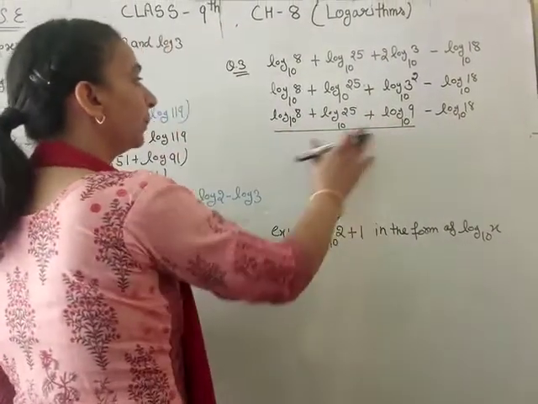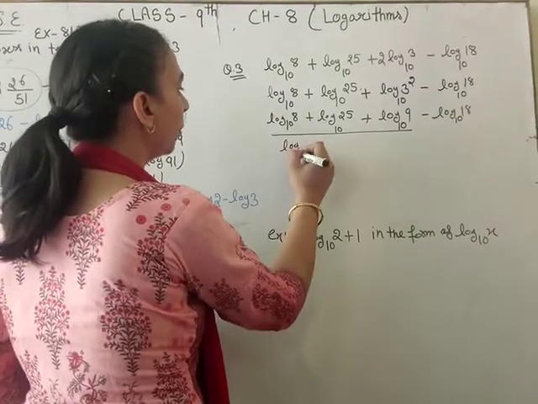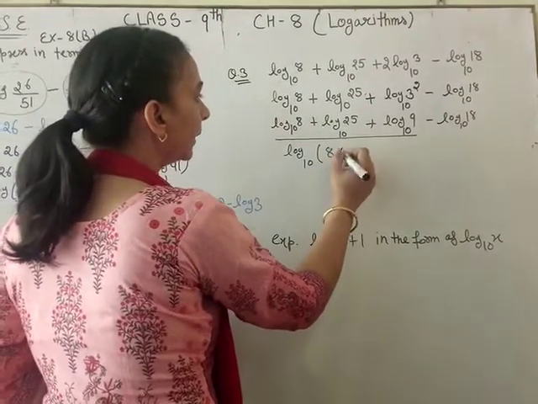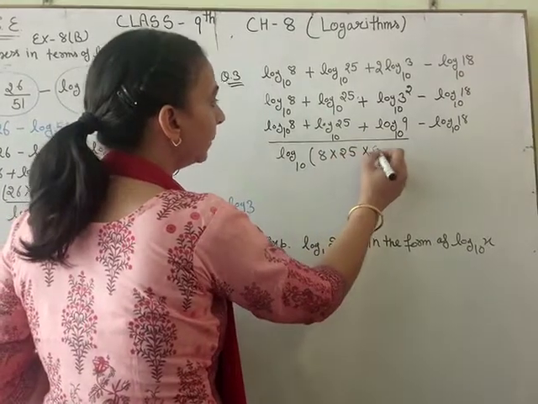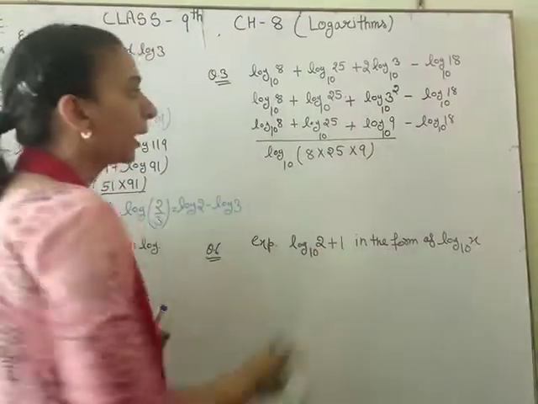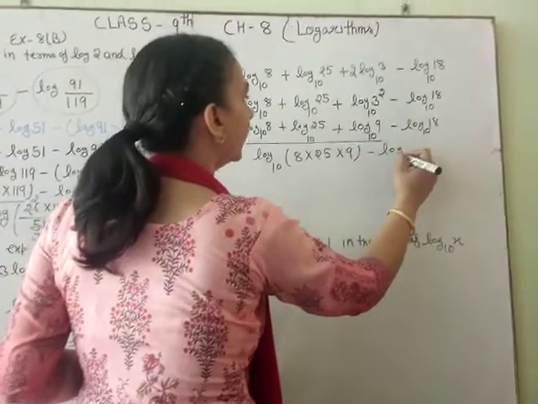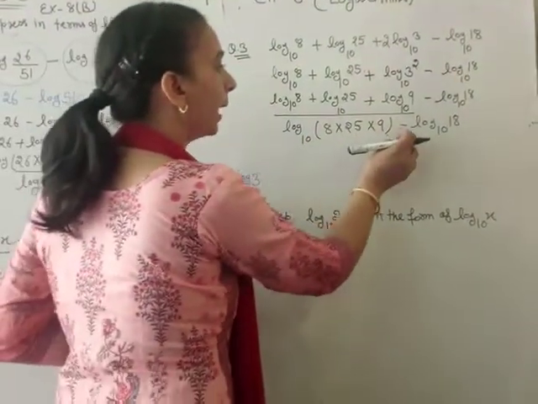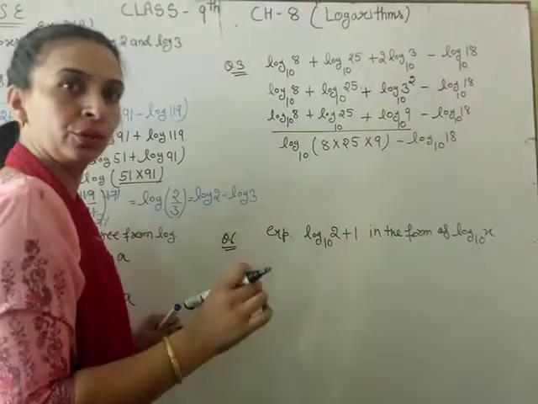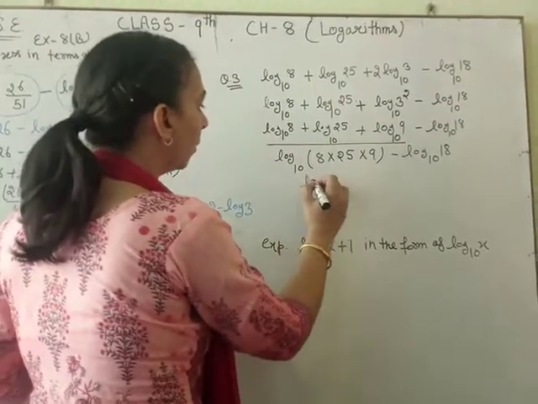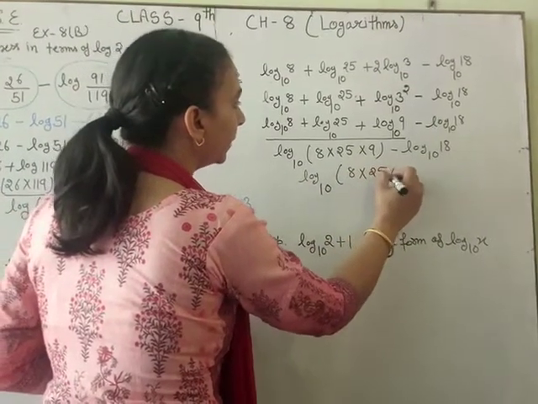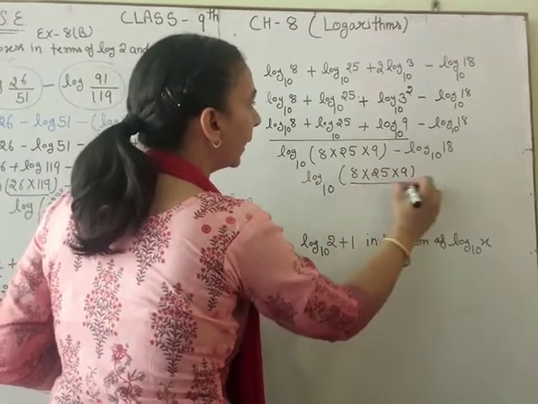Then log of the same base 10, 8 multiplied by 25 multiplied by 9. Then minus log 80 at base 10. Again we use log m minus log n. Then according to the quotient law, log 8 multiplied by 25 multiplied by 9, divided by 80.